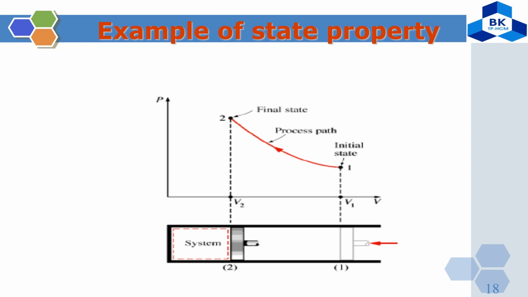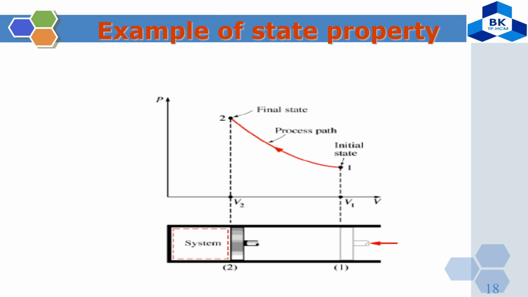And after that, we press the air in the cylinder, and it becomes the state 2, or we call the final state. The final state here at state 2 is determined by point 2. And point 2 will be determined by the two parameters, V2 and P2. So it means we got two independent properties in order to know the state of a substance.